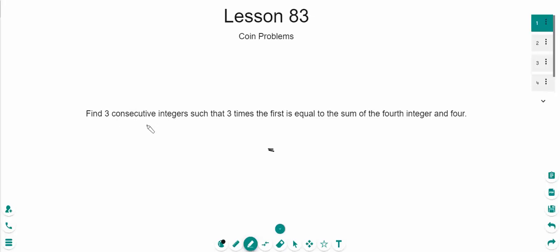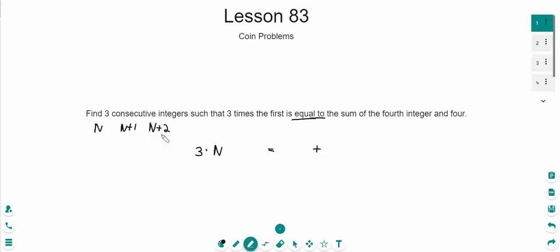So in this case, we'd have to break it down and say, okay, find three consecutive integers such that 3 times the first. So let's take those 3 consecutive integers. Remember, we called them n, n plus 1, and then n plus 2. There are my 3 consecutive integers. And now I'm saying that 3 times the first, which is an n, is equal to, there's my equal sign, the sum, we're talking addition, of the fourth integer, n4.